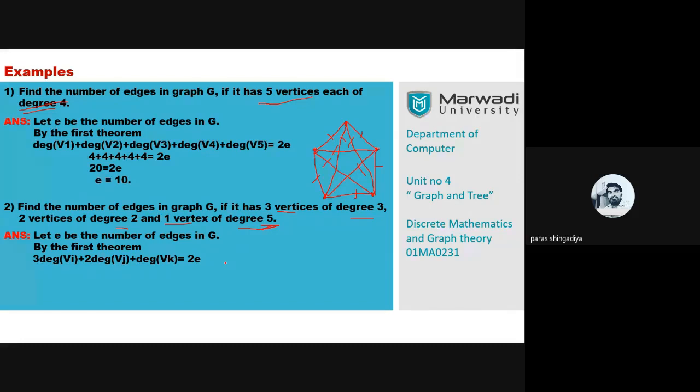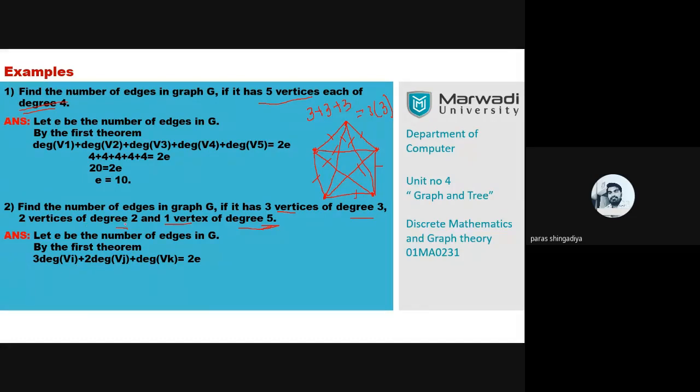The vertex is not fixed here, so that can be written as such vertex whose degree is 3. So if we write 3 plus 3 plus 3, that is 9, and that can also be written as 3 of 3. There are 3 vertices with degree 3, clear. So that is right, 3 of degree of vi. Vi means such a vertex with degree 3, clear.